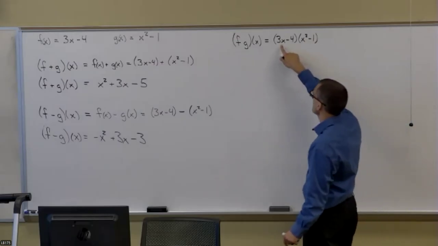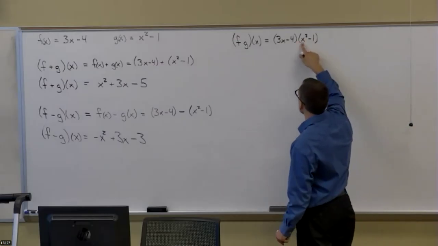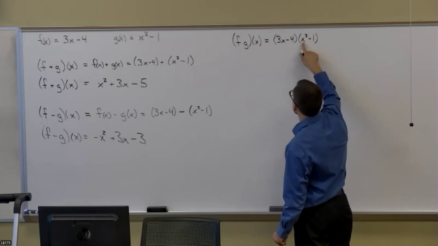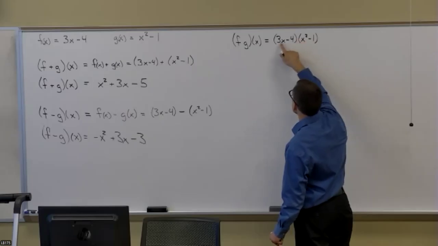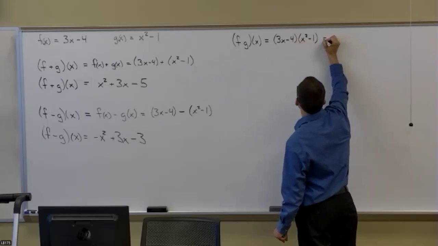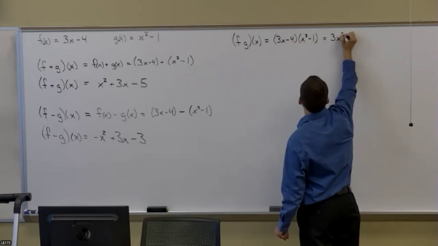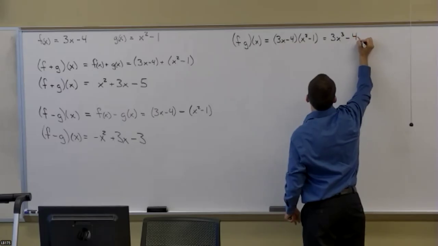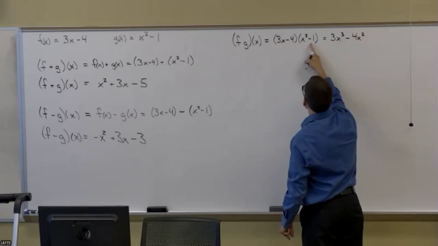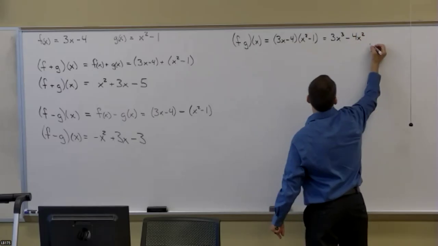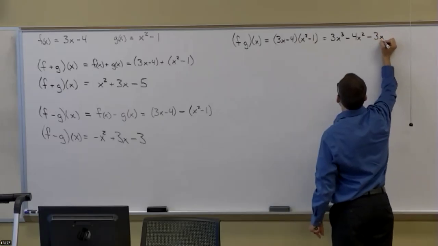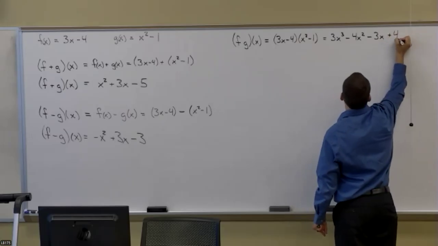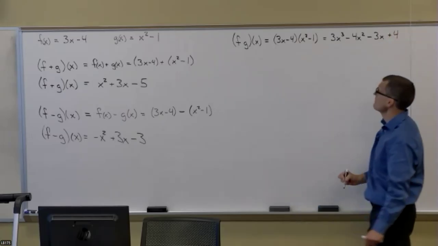Every term in the left-hand polynomial multiplies times every term in the right-hand polynomial. So I'll go ahead and do that. x squared times 3x is 3x to the third. Then I'll do x squared times negative 4. Then I'll do negative 1 times 3x. And then negative 1 times negative 4. And that's the output.